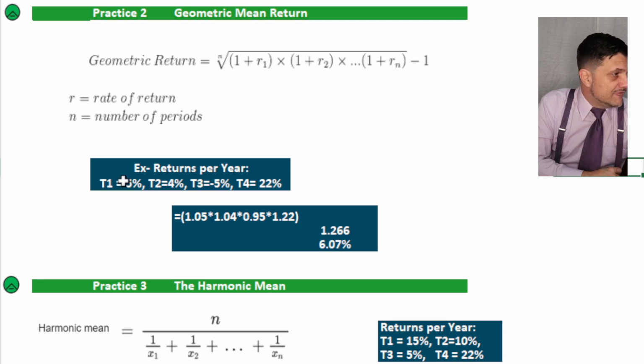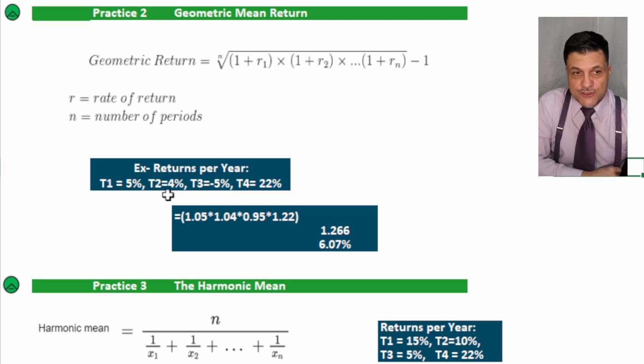All right, take a look at the numbers I have here. I have 5% at T1, 4% at T2, negative 5% at T3, and a 22% return at T4. What is the average return? Well, it's 1 plus 5%, which is 1.05, multiplied by 1 plus 4%, which is 1.04, multiplied by 1 minus 5%, which is 0.95, multiplied by 1 plus 22%.